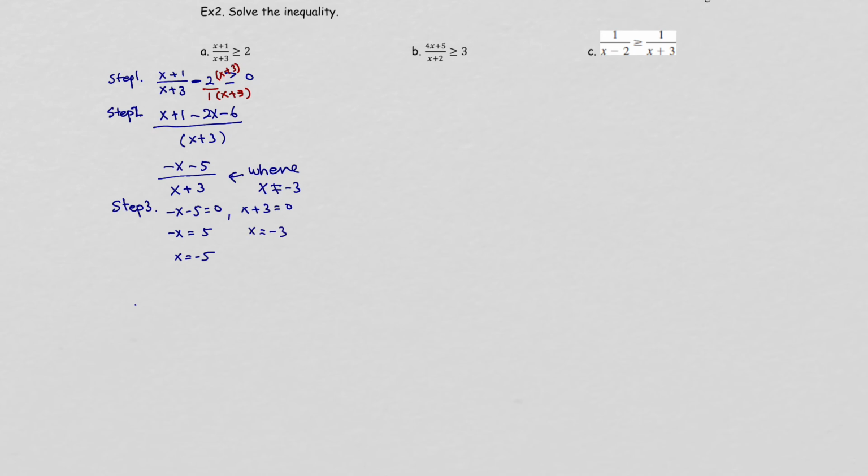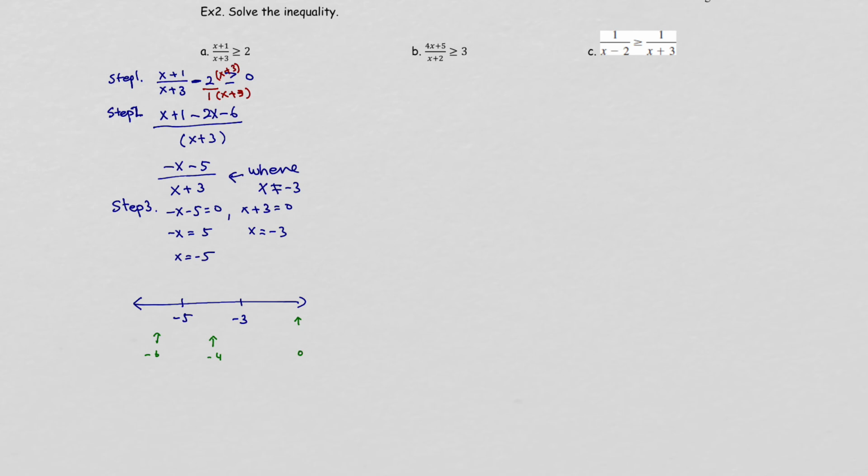So when we draw the number line, this is another number line because you only have one variable. Your boundary points are negative 5 and negative 3. So maybe you can test the points here, negative 6, negative 4, and maybe all the way back here, 0.